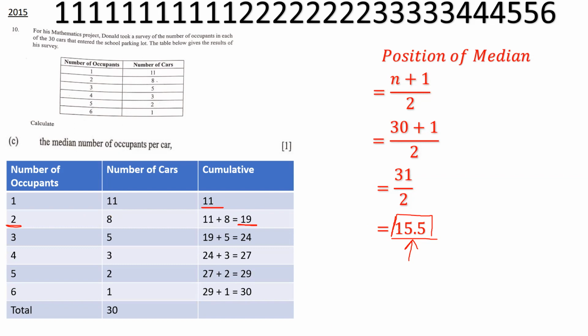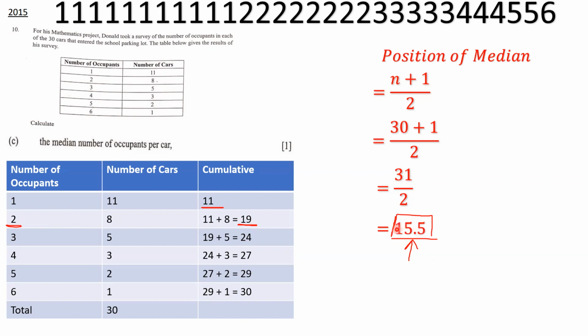This is very important. So we're saying that the position of the median is going to be 15.5, right? Which means it's going to be between 11 and 19, right? Now, any number between the 11th number and the 19th number is a 2, right? So the position of the median is giving us a place where we can find our median.